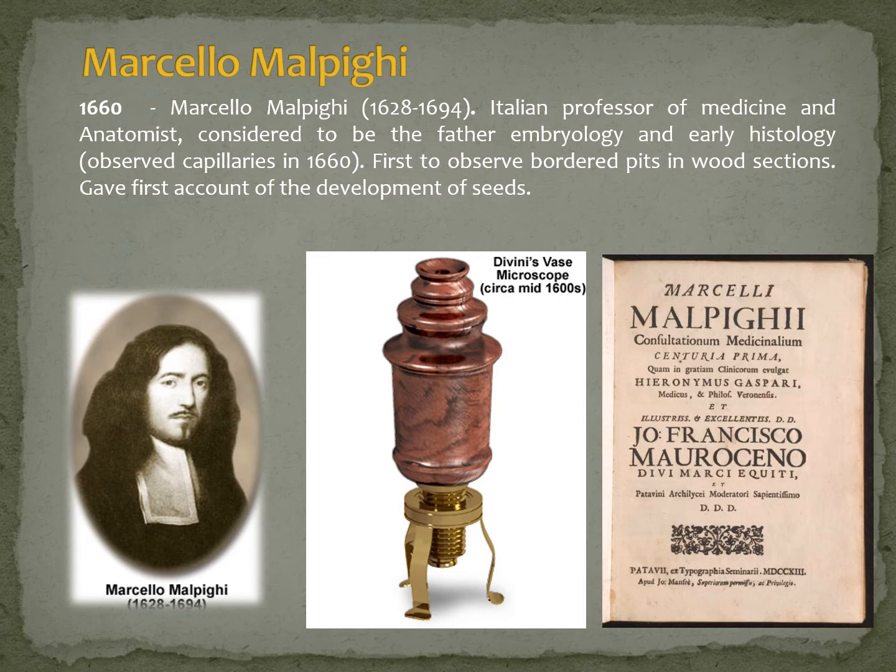So the first records we have of the use of a compound microscope for scientific purposes are from Marcello Malpighi, an Italian professor that was in fact considered the father of embryology and histology. So he described many structures of the human body and the animals, and he also observed wood, and he was an extremely curious person, making observations using an extremely simple compound microscope.